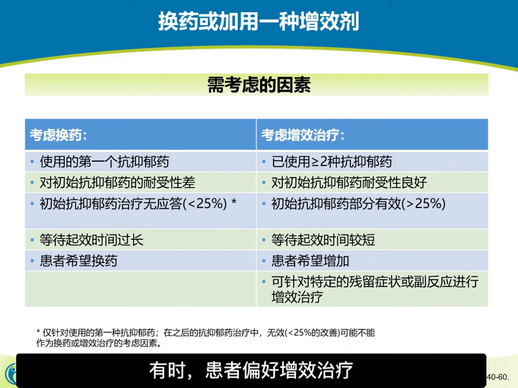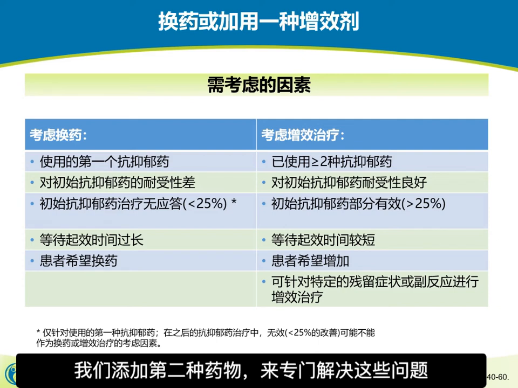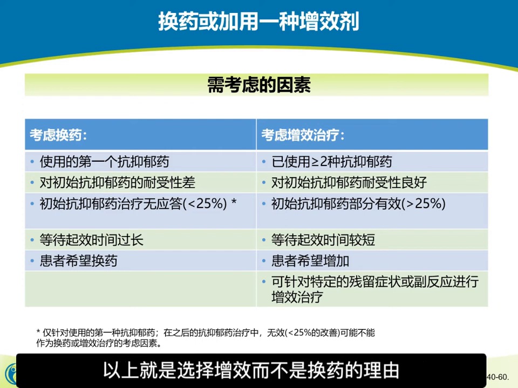Sometimes the patient prefers to add on a medication for some of the reasons that we've already described. And sometimes we want to target specific residual symptoms or side effects by adding a second medication that may address those specifically. So those are the reasons for adding on an adjunctive agent rather than switching to another medication.